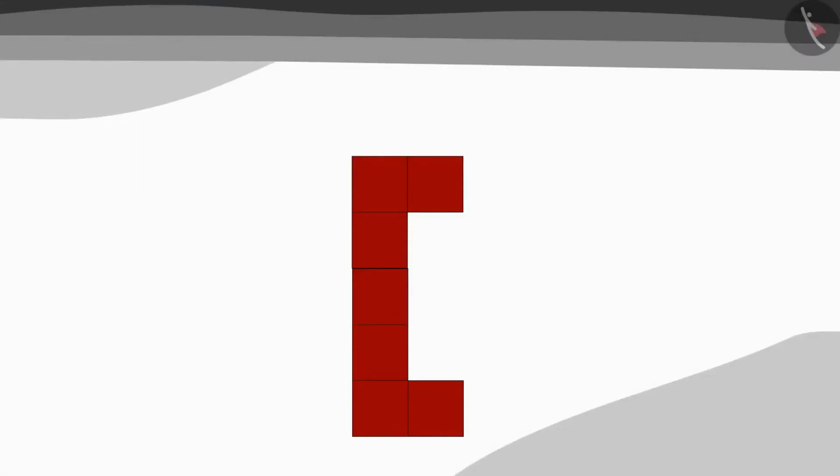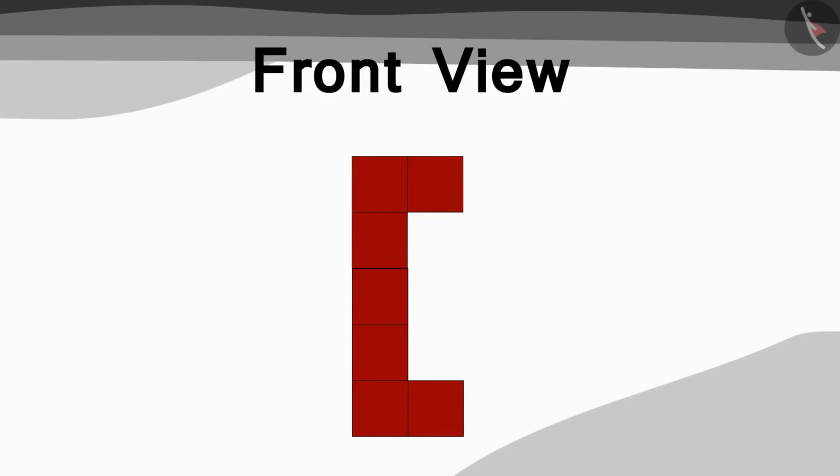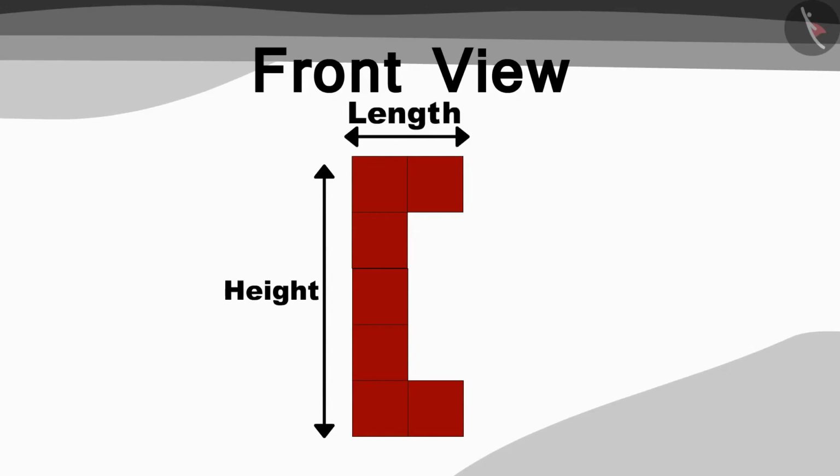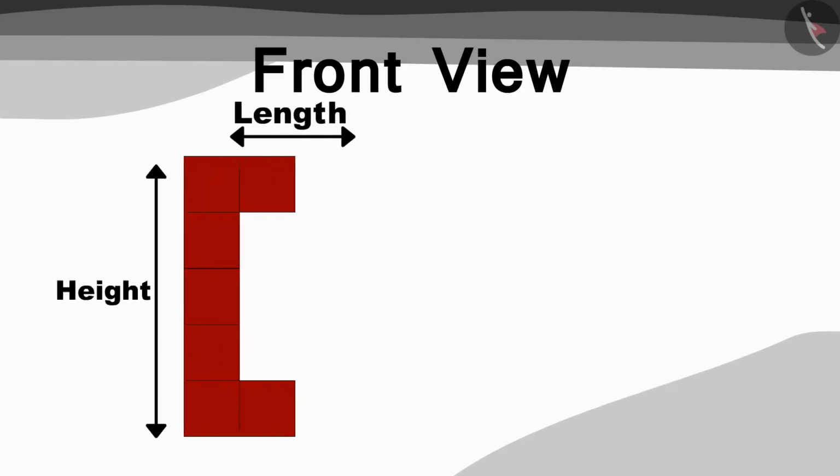First, they saw the picture that was made by looking at the front view of the model. Children, can you see this picture and guess how many cubes are there in the height and length of the model? You can find the answer by pausing the video.